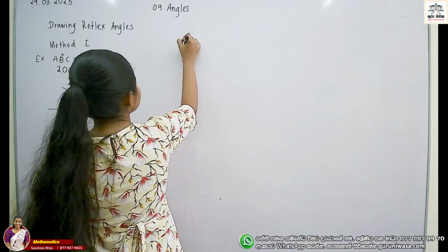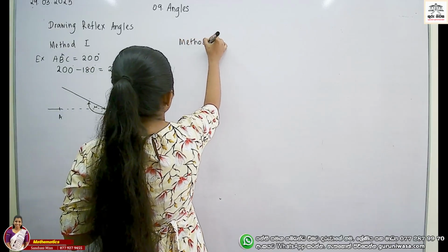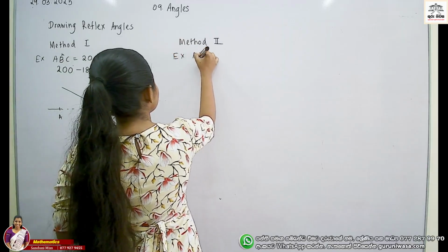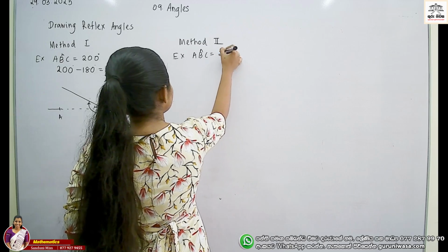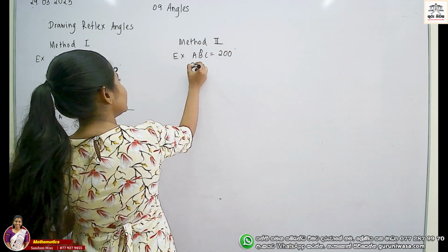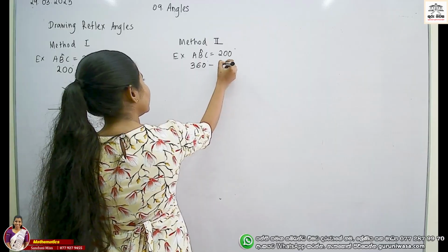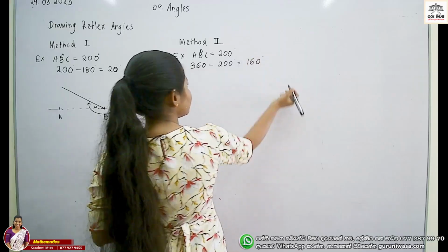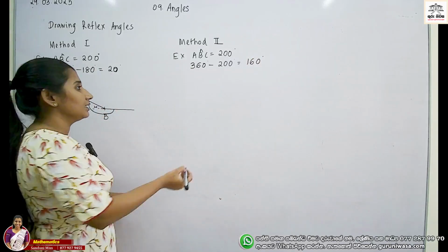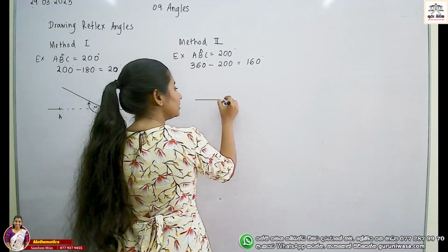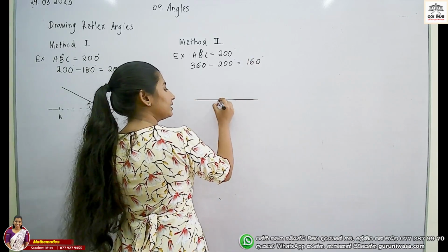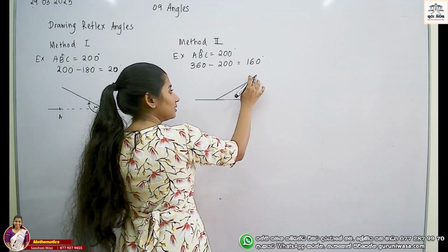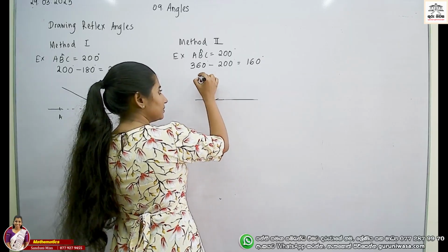Method 2. Again we'll draw 200 degrees. The next method is 360 minus 200, which is equal to 160 degrees. So you can draw the straight line, keep the protractor, and draw 160.